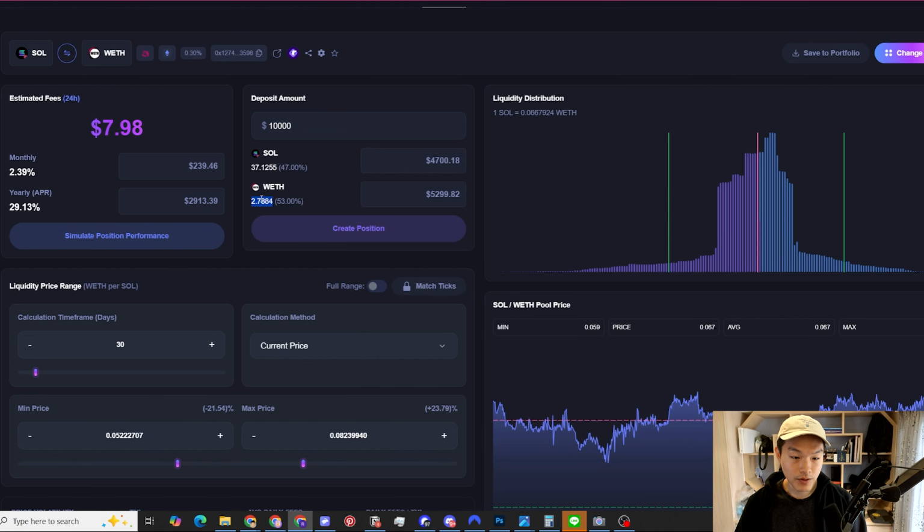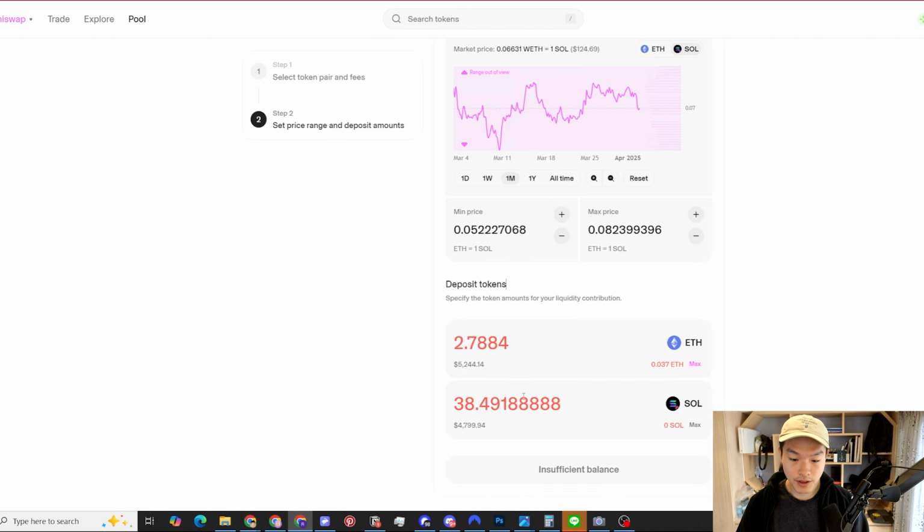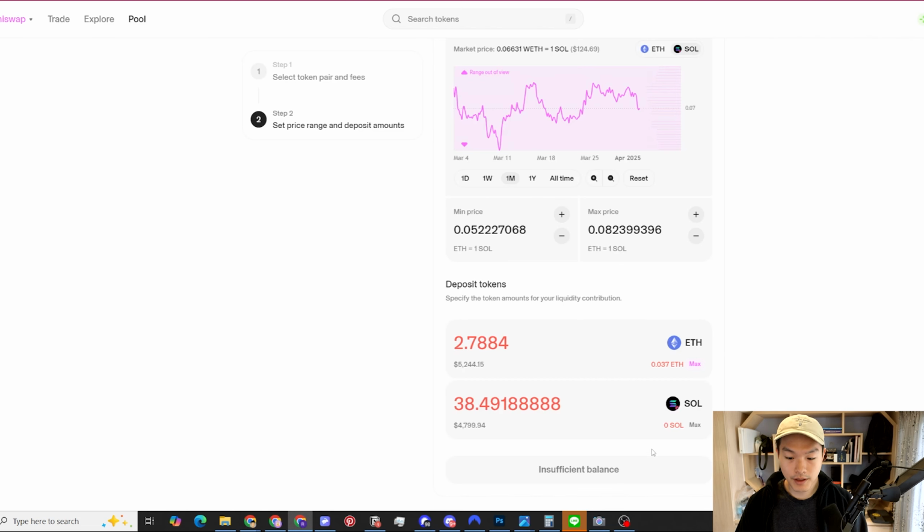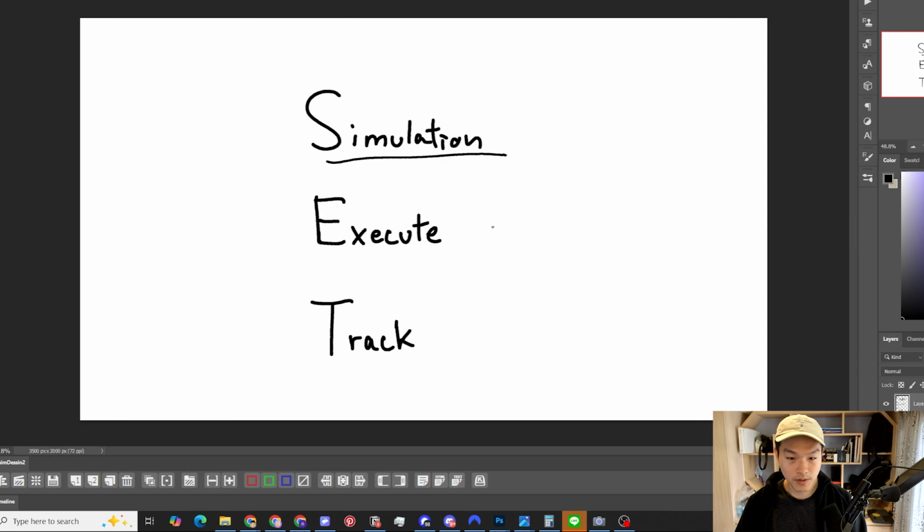And if I put like 2.7884 here with tighter range liquidity, you can see I need roughly 38.5 SOL. So a bit higher than what it shows on Metrics because the price has probably moved a little bit. So once I have my asset, I would just enter into the pool.